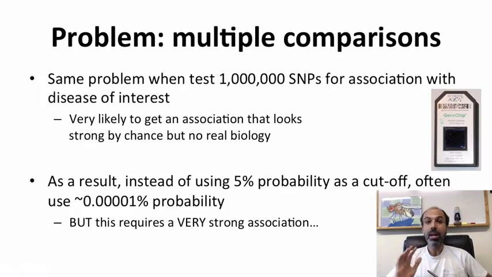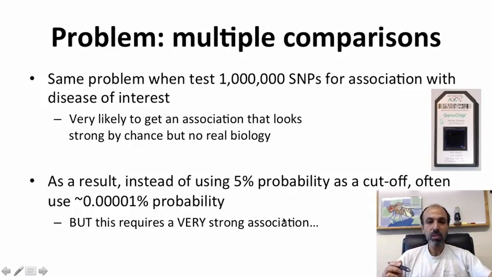This probably happens a lot in genome-wide association studies: you actually see some associations, but you throw them out because you say not strong enough to be statistically convincing. So we end up losing a lot of good associations because we can't distinguish the good ones from the bad ones, except in these very strong cases.